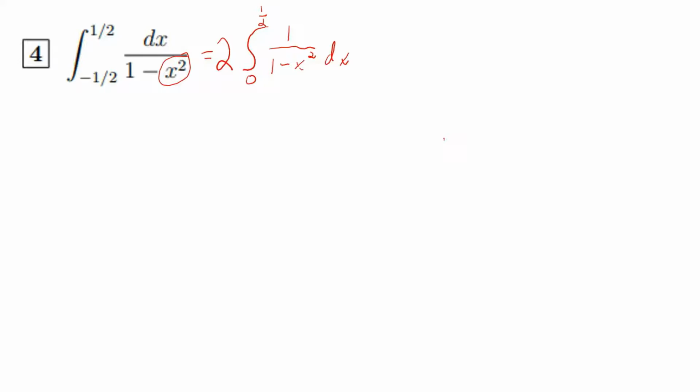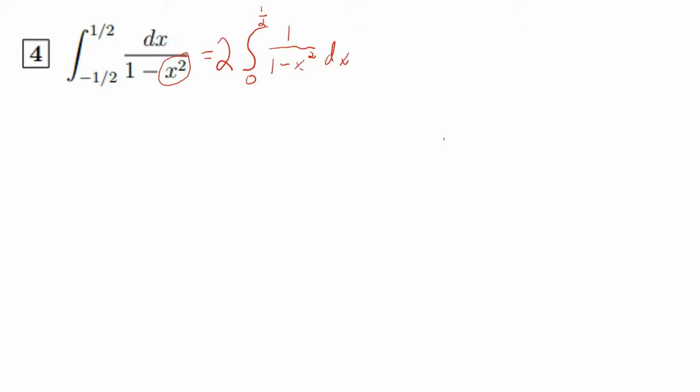So from here, I don't see any obvious antiderivative of 1 over 1 minus x squared. If we had 1 over 1 plus x squared, we could use arctan, but that's too nice to be on an MIT Integration B. So what we're actually going to do is trig sub.